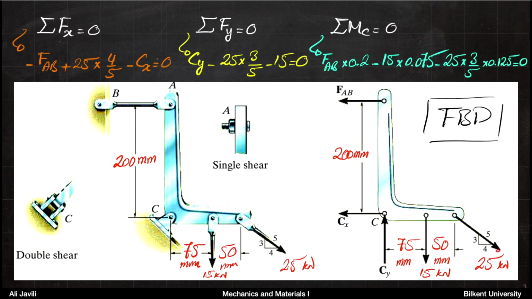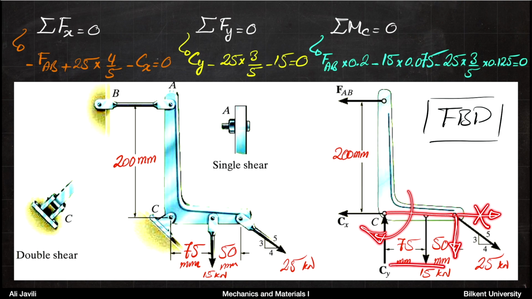The same holds for 25 kilonewton. For the 25 kilonewton, you have two components, the horizontal component and the vertical component. The horizontal component does not cause any moment with respect to C. The vertical component is causing a moment in clockwise direction again.